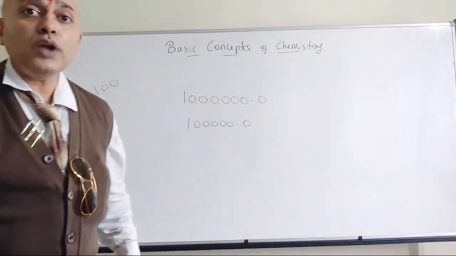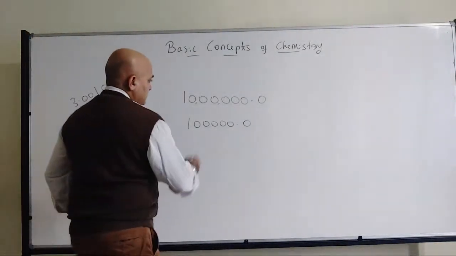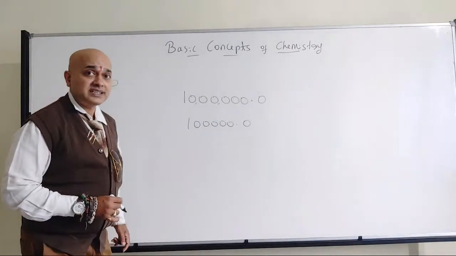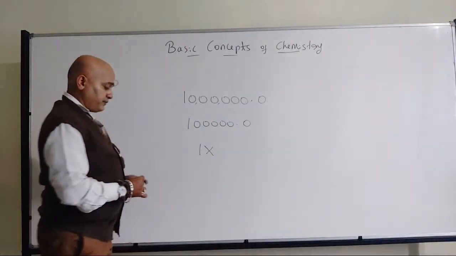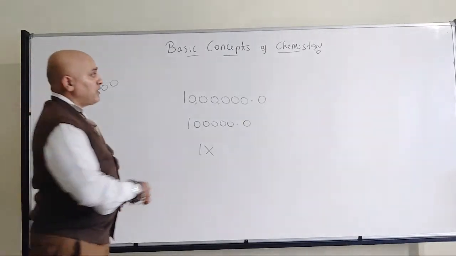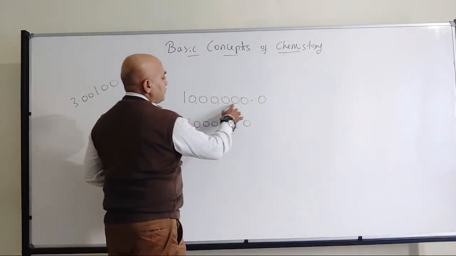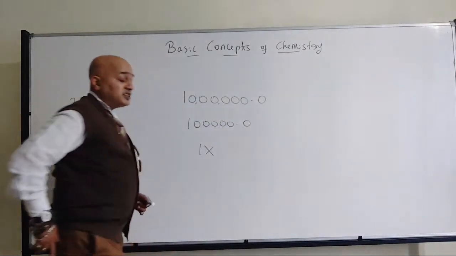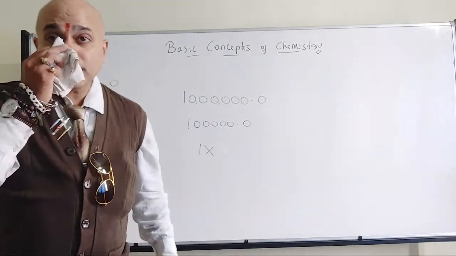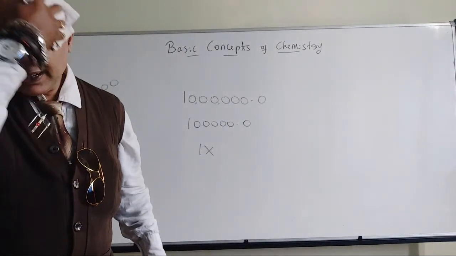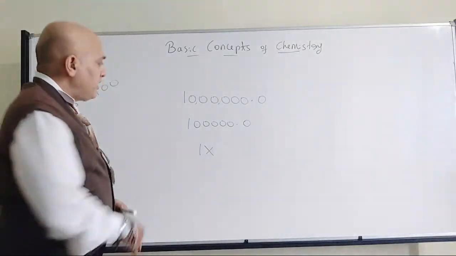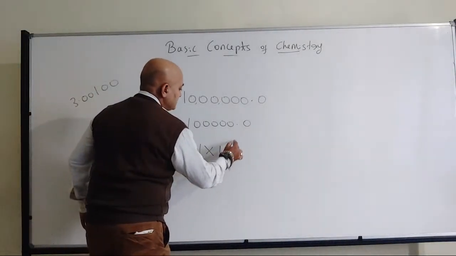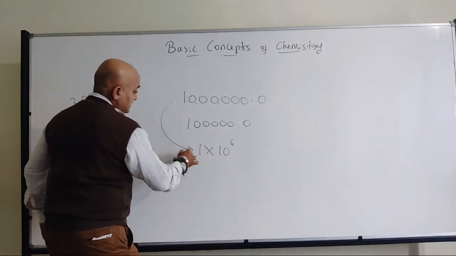So to avoid these mistakes, what I will do is mention it as 1 into 1, 2, 3, 4, 5, 6. So I will mention it as 10 to the power of 6. Got my point?